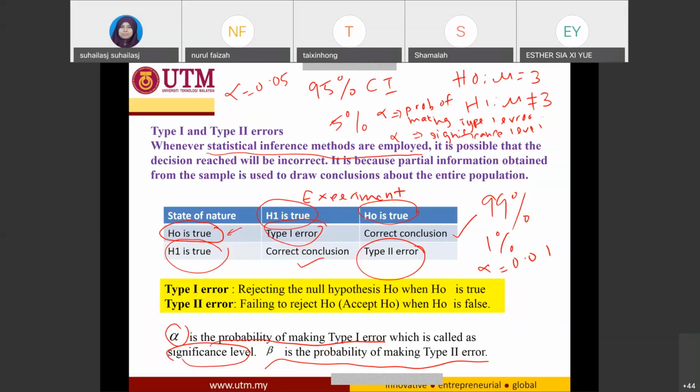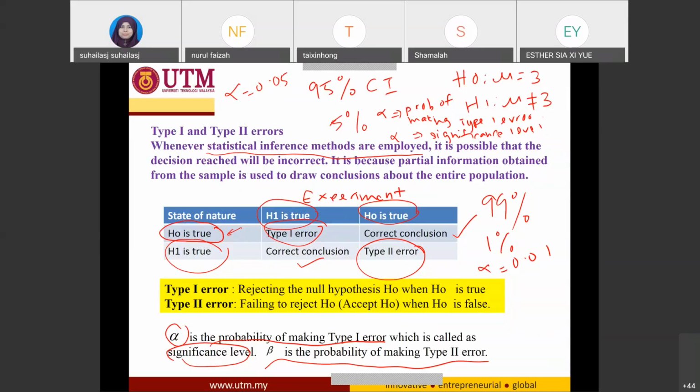If you mention type 2 error, it is just failing to reject H0, or accepting H0, when your H0 is false. For example, this is again related to the confidence interval. If we have a 95% confidence interval, that means we are 95% confident that our parameter mu lies between your lower limit and upper limit.